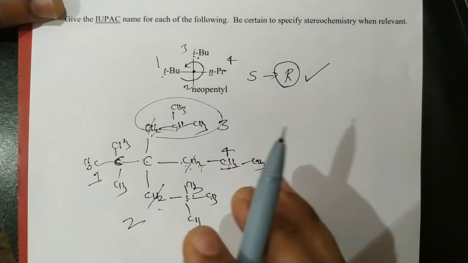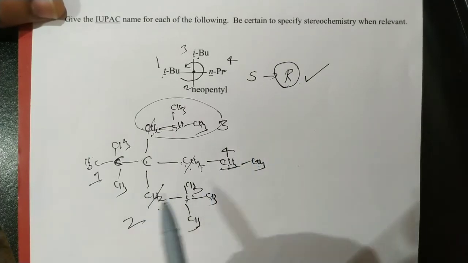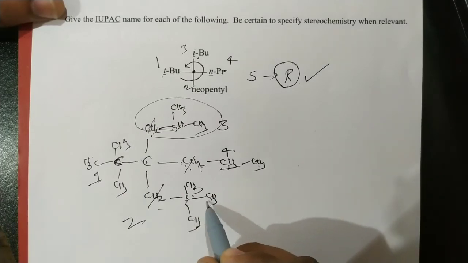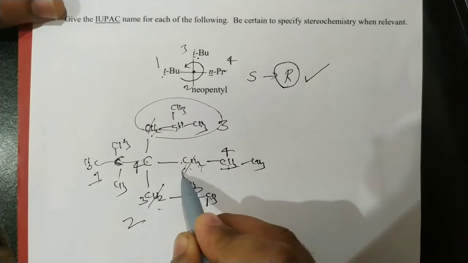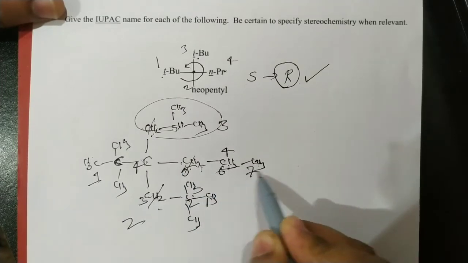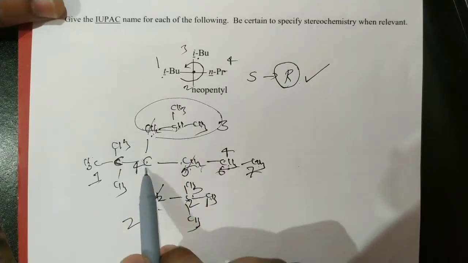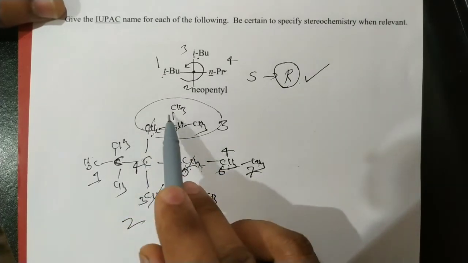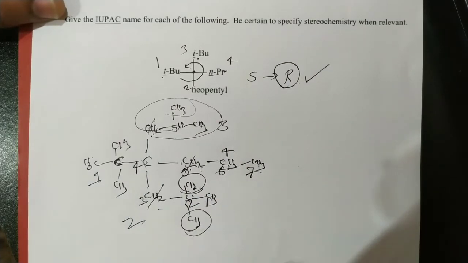Then we have to take the parent chain with more substituents. If you take this as the parent chain, 1 to 7 carbons, there is only one substituent. If you take this one, there are more substituents, 2,2-dimethyl actually.